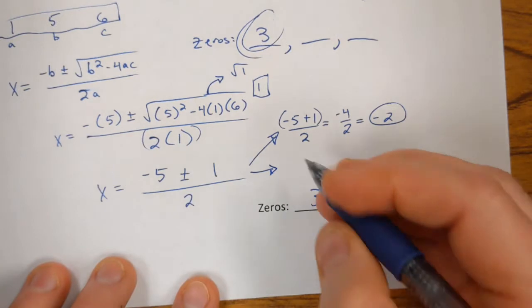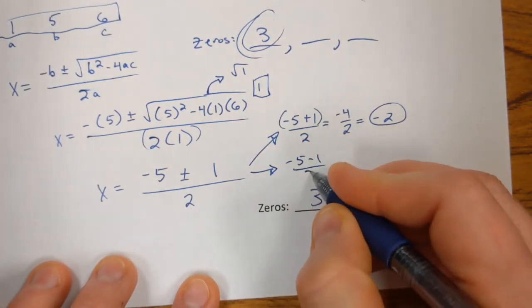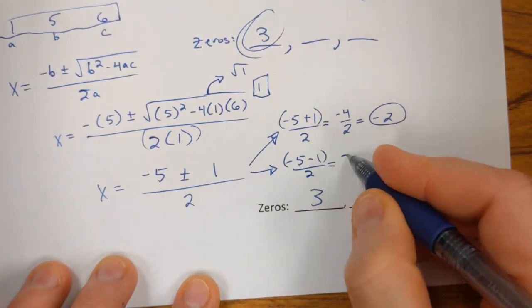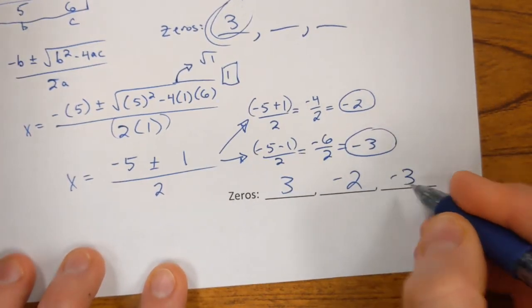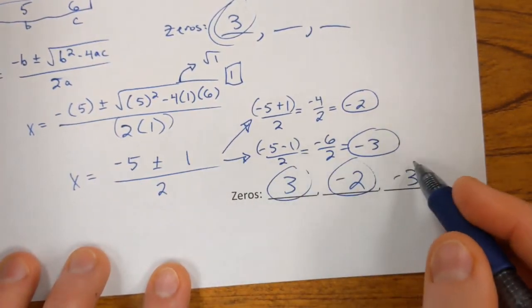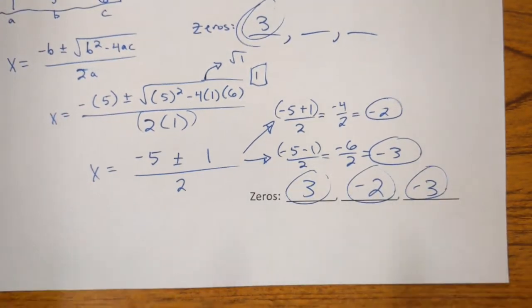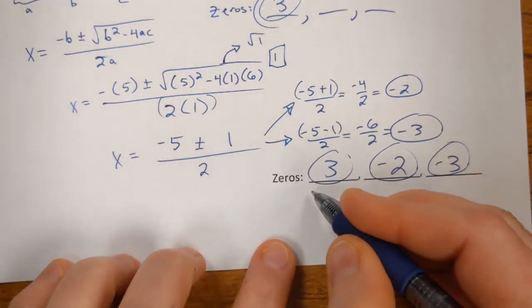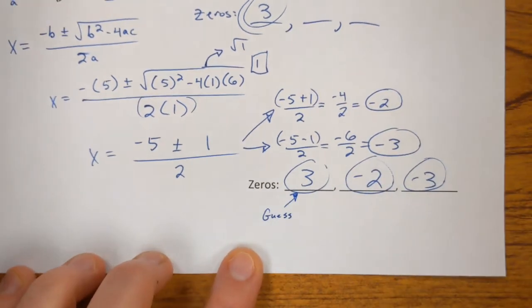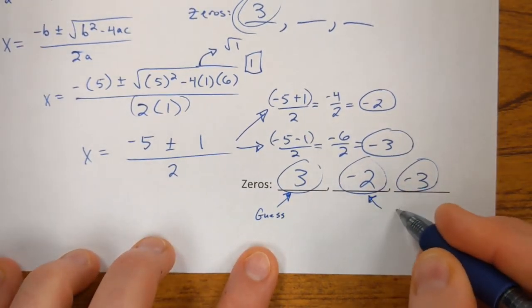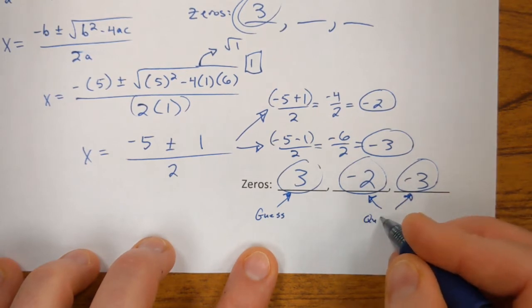And if we do negative 5 minus 1 divided by 2, that answer comes out to negative 3. And guess what? Now I have all of my zeros. I had to guess this first one. This came by guess. These last two came from the quadratic formula.